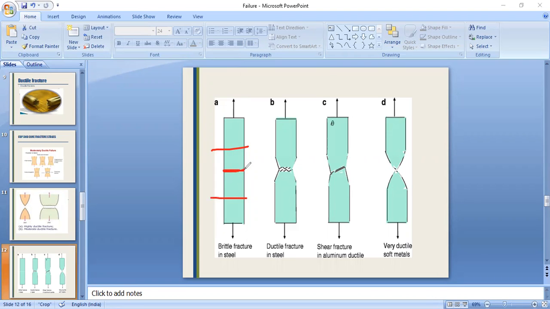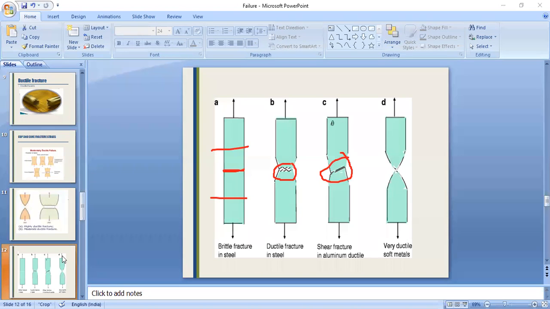But in the case of ductile material, it is never going to be flat. A cup and cone or other shape is going to form at the tip of the fracture. It is the same in the case of soft ductile materials and shear structure or shear fracture.